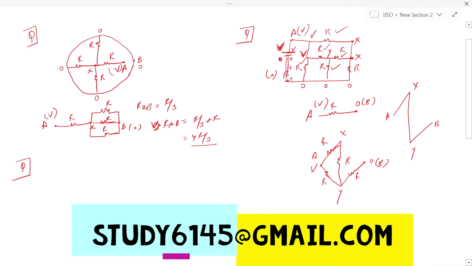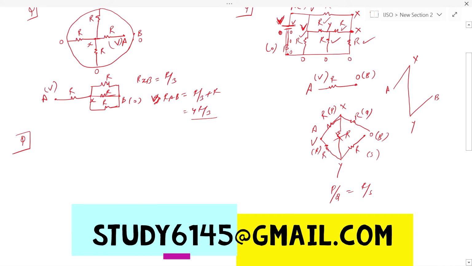So now I think all are included. Now only this is left. This is X to 0. Yeah, this is also R. I think all are included now. Now just have to use the balanced Wheatstone bridge condition. P, Q, R, S. So P by R, sorry.